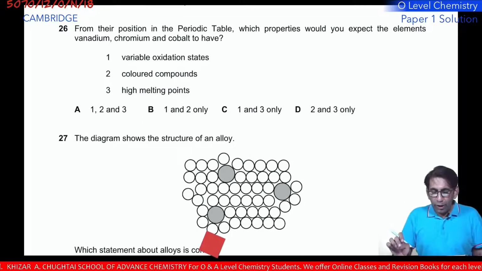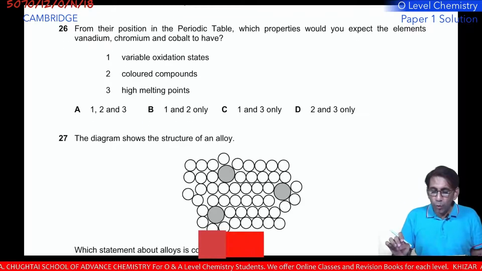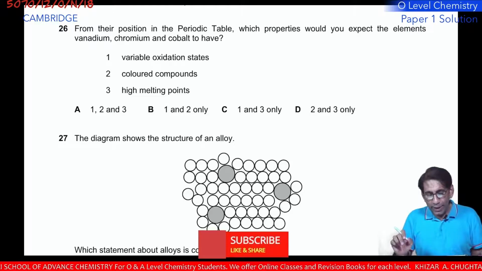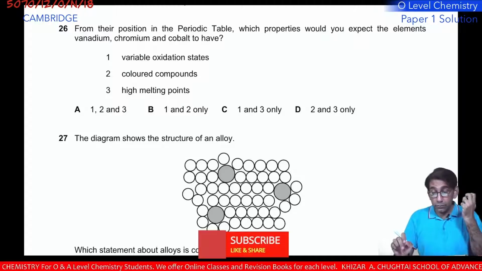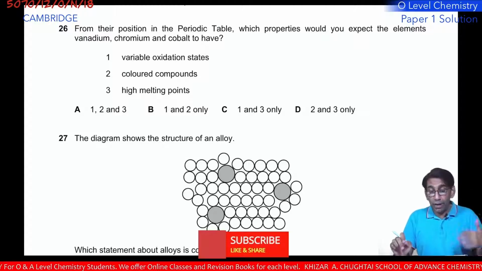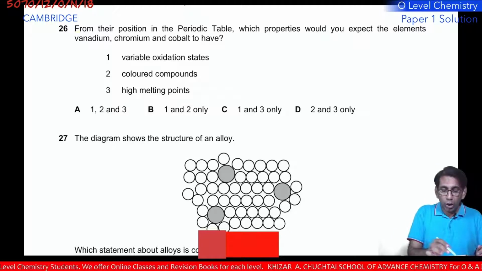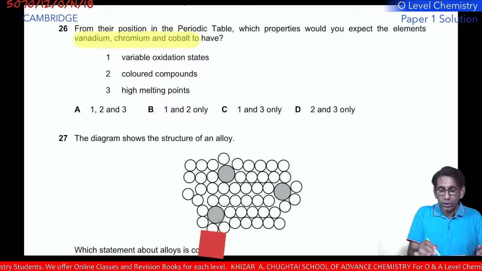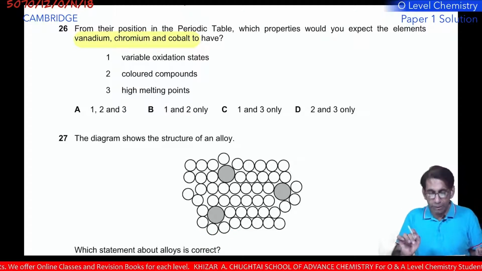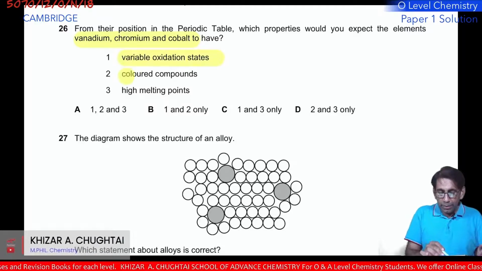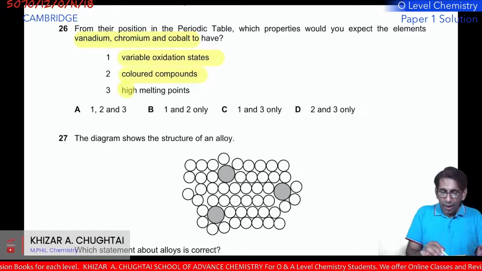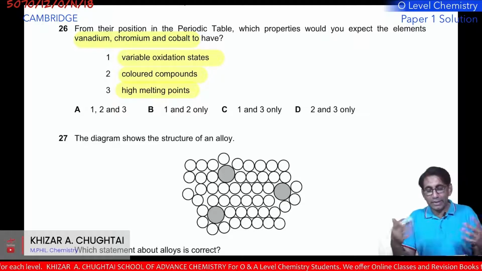From their position in the periodic table, which properties would you expect the elements vanadium, chromium, cobalt to have? These are all transition metals. Variable oxidation state, yes, it is correct. Colored compounds, yes, it is correct. High melting point, yes, it is correct.